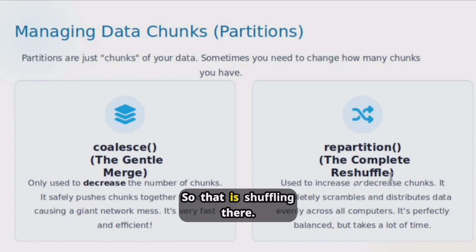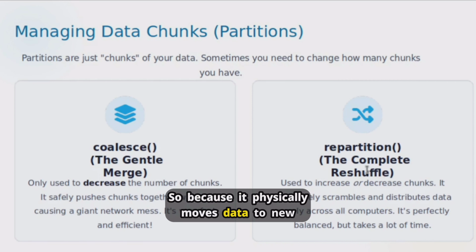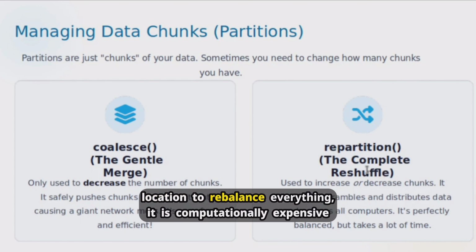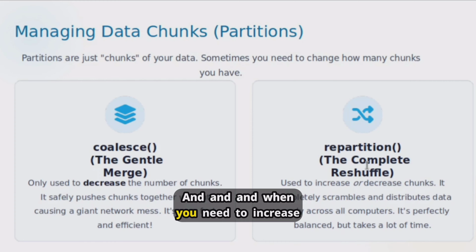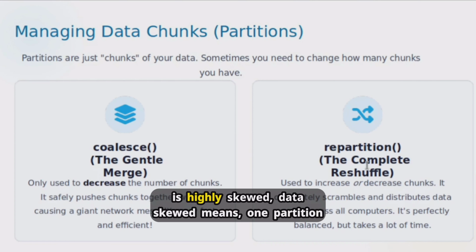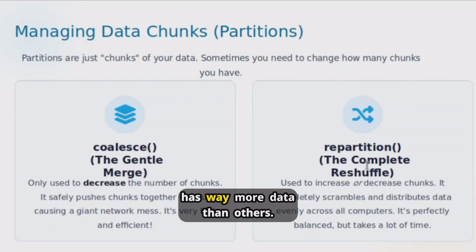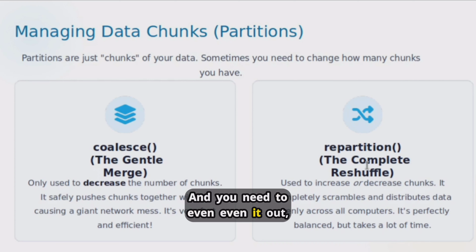So that is shuffling there. Because it physically moves data to new locations to rebalance everything, it is computationally expensive and slow. You use it when you need to increase the number of partitions or if your data is highly skewed. Data skewed means one partition has way more data than others, and you need to even it out. In that case, we can use repartition.